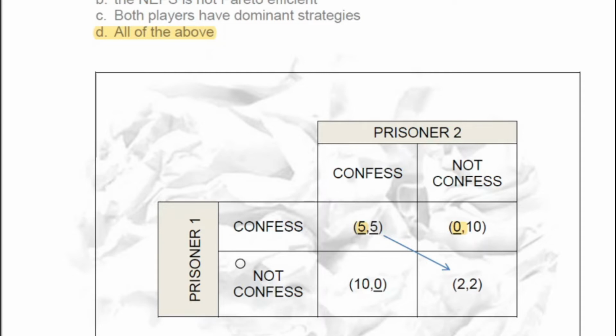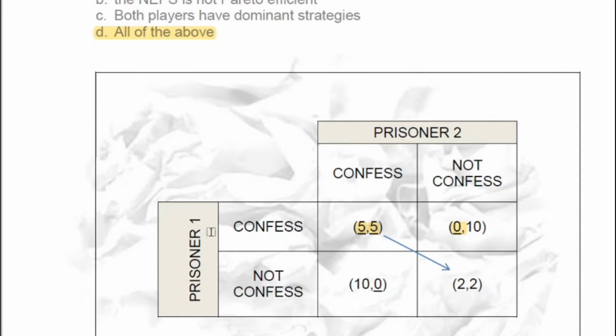Well, here it can be seen that confess is a dominant strategy for prisoner 1. Okay, now prisoner 2. If I'm prisoner 2 and I think that prisoner 1 will confess, I should confess, because 5 is lower than 10. Okay, I prefer to go 5 years to jail and not going 10 years to jail.